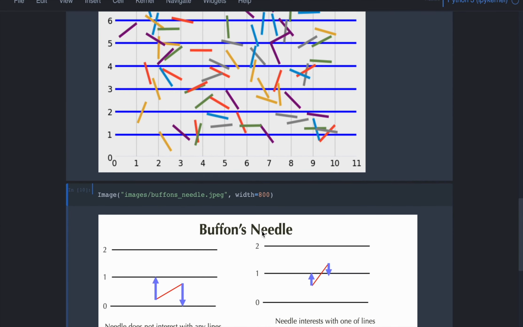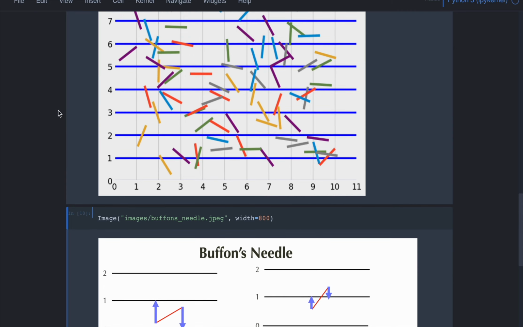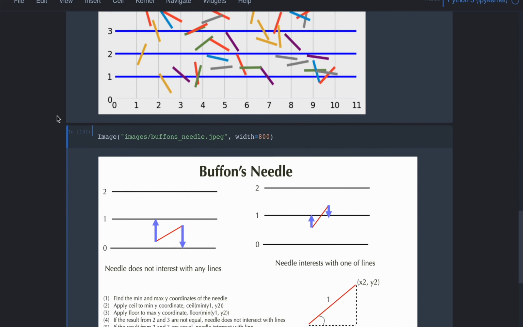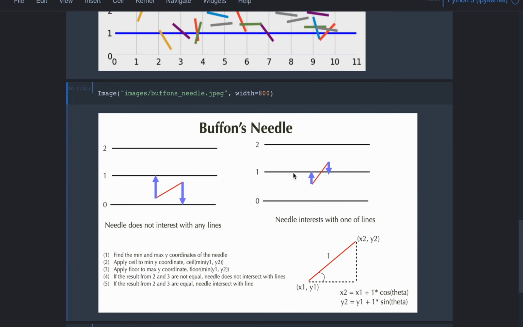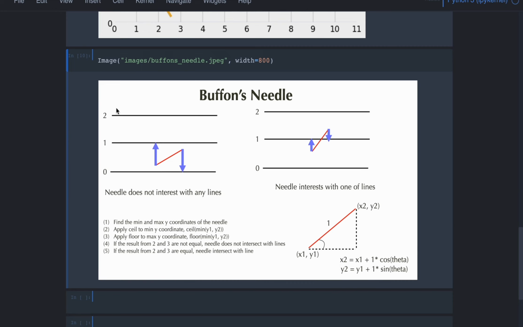Now the tricky part is, we have generated the needles and placed them on the plane. How do we find if a needle is actually intersecting with these horizontal lines? Here are two scenarios, one where the needle is not intersecting, and one where it is.